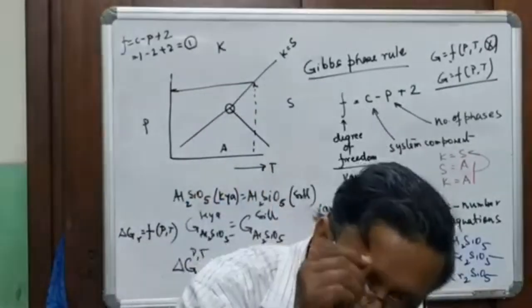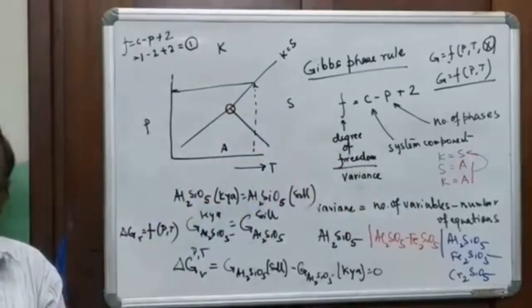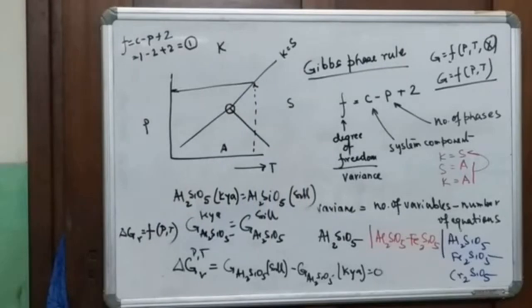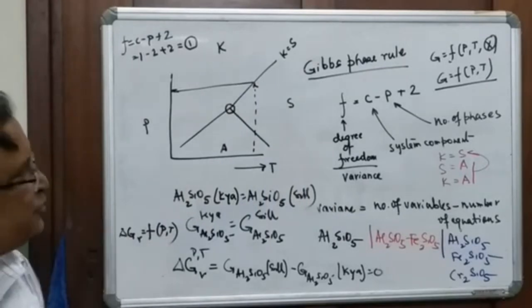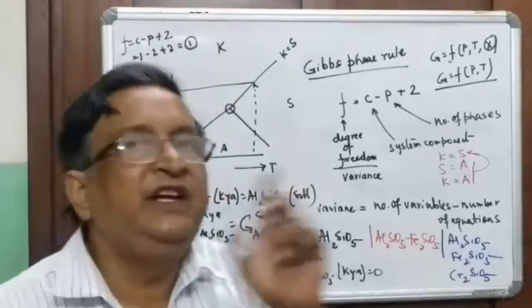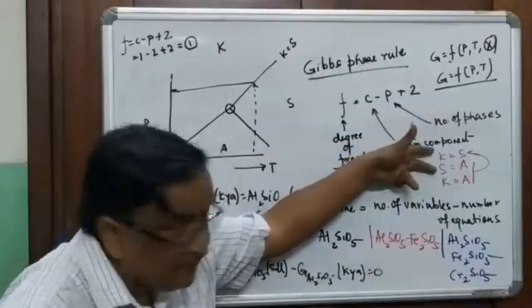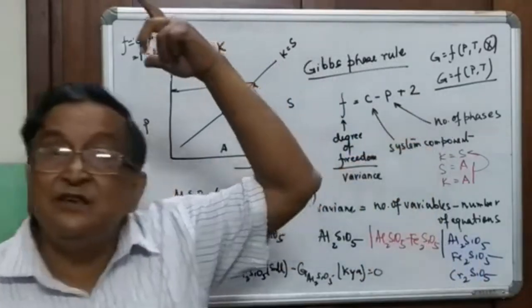This is a very, very important point. I will elaborate on it in my next lecture. The important point is that although you see 3 reactions, all 3 are not independent. 2 of them are independent, 1 is dependent.